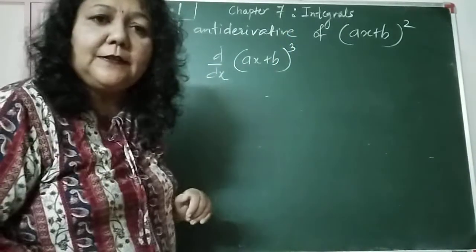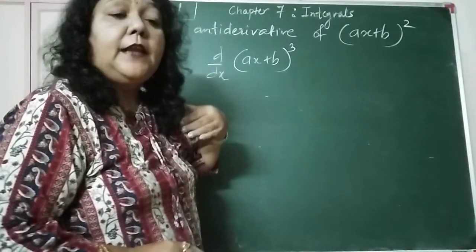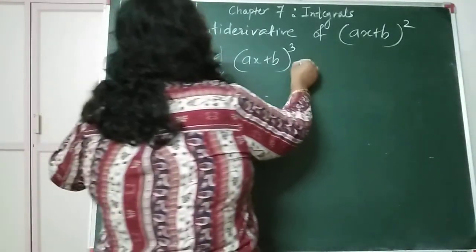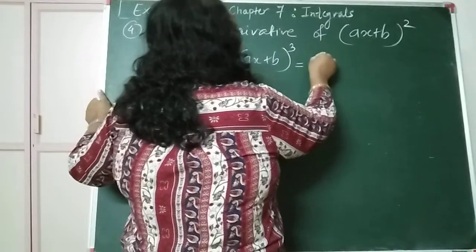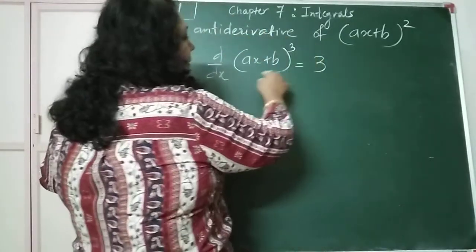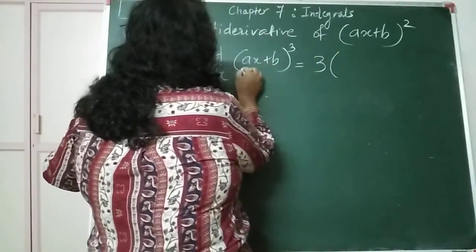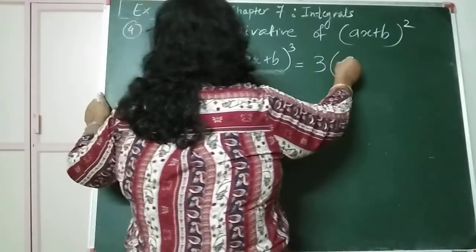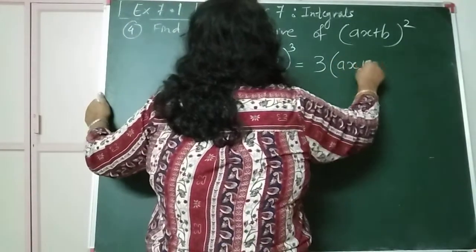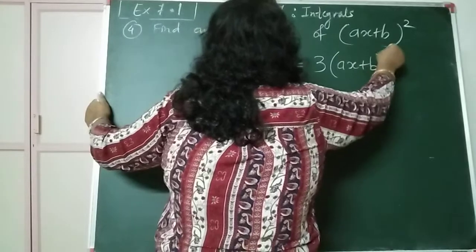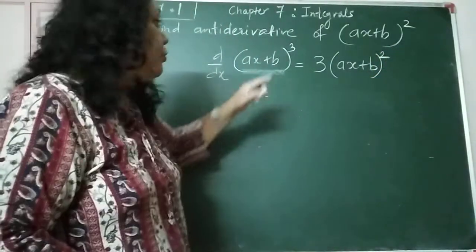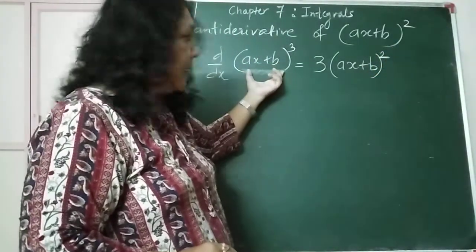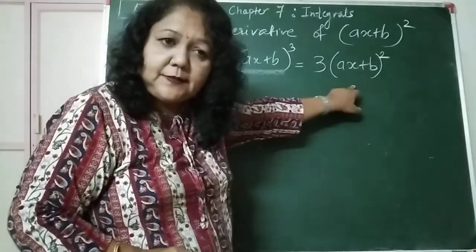Now you know how to do this. You bring the power in front, and whatever the base is, the power will be reduced by 1 if you differentiate. So the power of (ax + b) will become 2. If this was x cube, the answer would be 3x square.